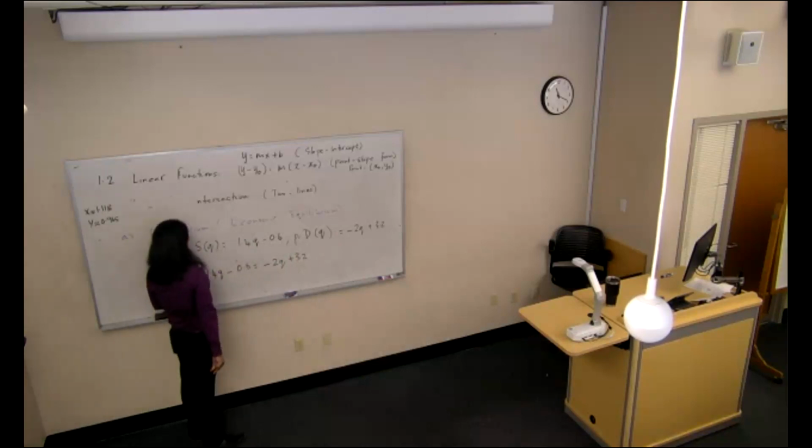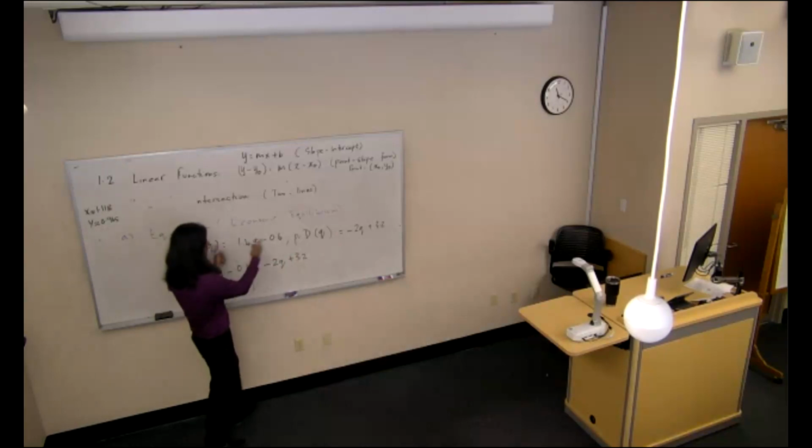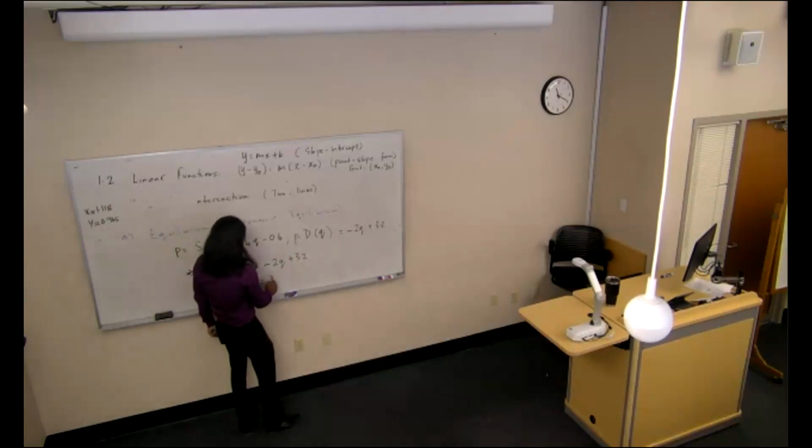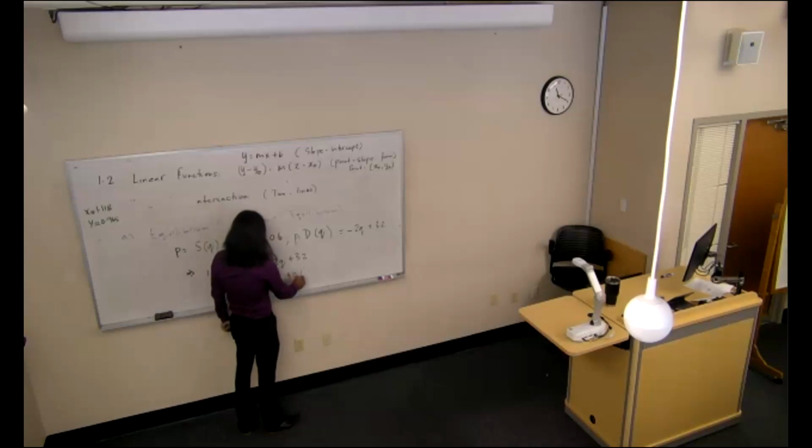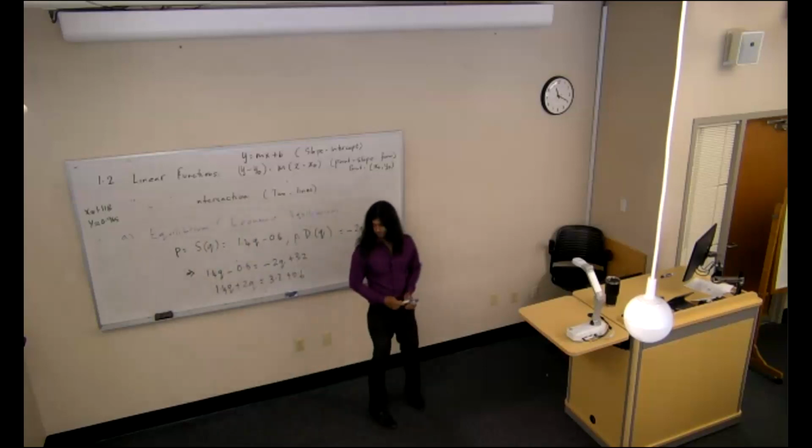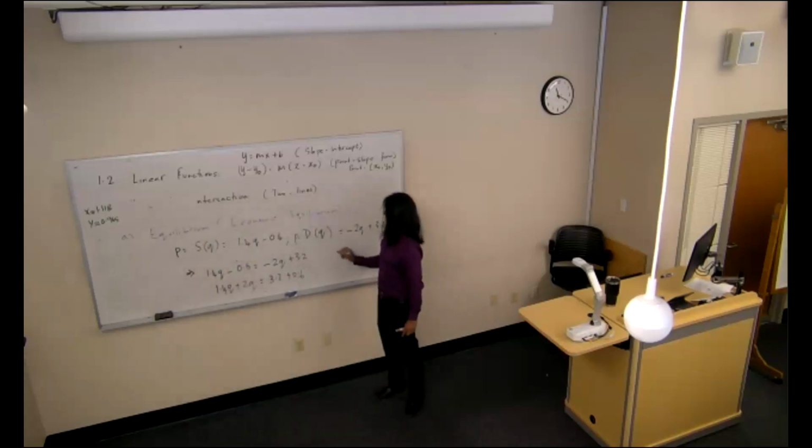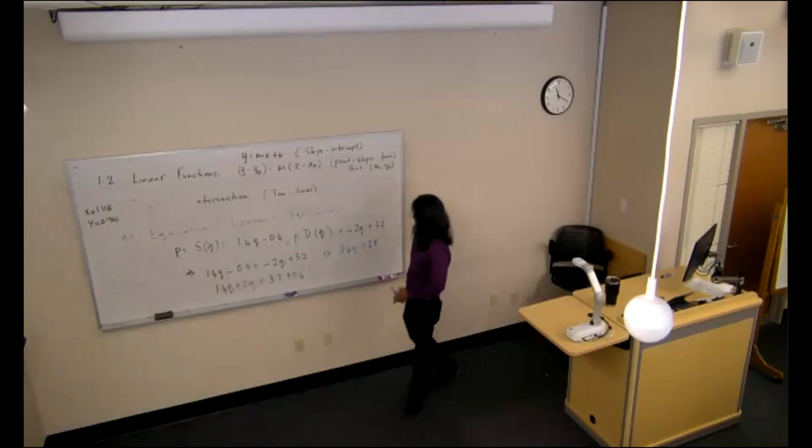Move that to this side, positive 2q. Move negative 0.6 to that side, positive 0.6. 3.4q equals 3.8.